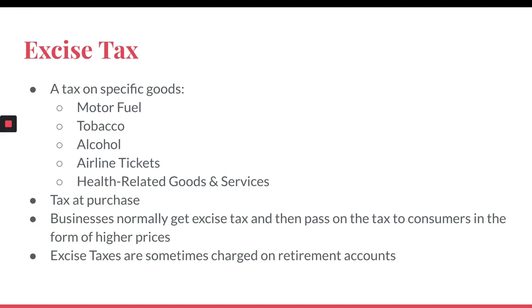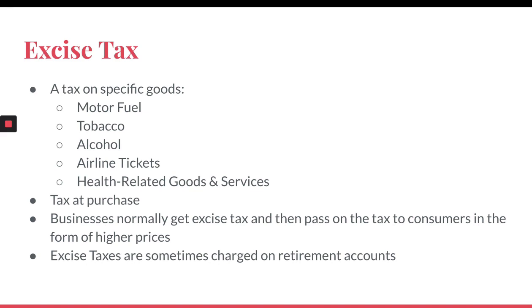Also, a 50% excise tax penalty is charged when investors do not take the mandatory required minimum distributions from certain retirement accounts. Required minimum distributions are mandatory after age 70.5 for traditional IRA accounts, 401ks, 457 plans, and several other tax-deferred retirement saving plans.